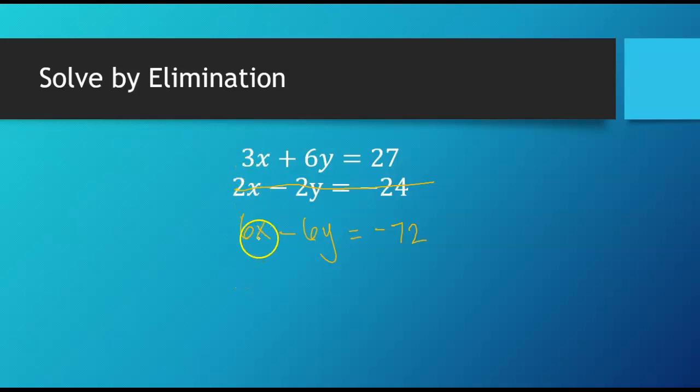So I'll have 3x plus 6x, which is 9x, right? I'm adding these two equations together. 3x plus 6x is 9x. 6y minus 6y is 0. Those go away. 27 minus 72 would be negative 45.